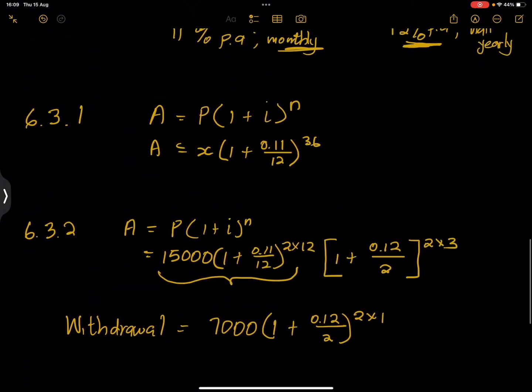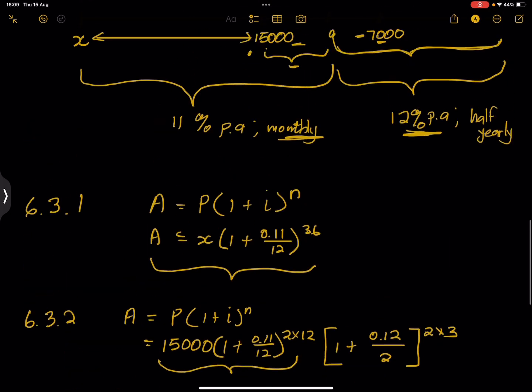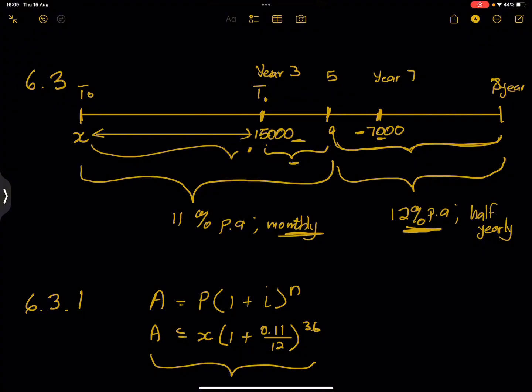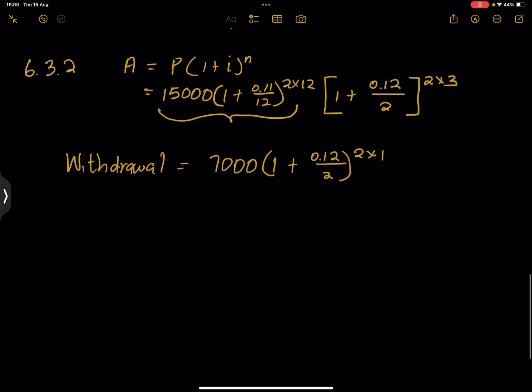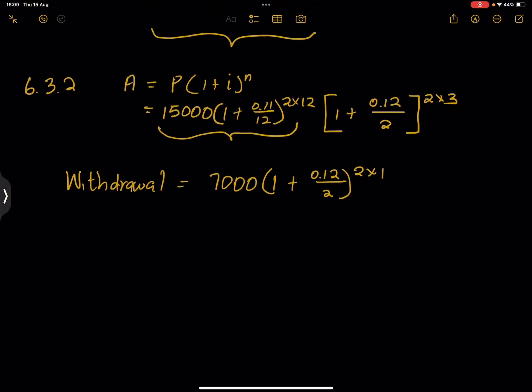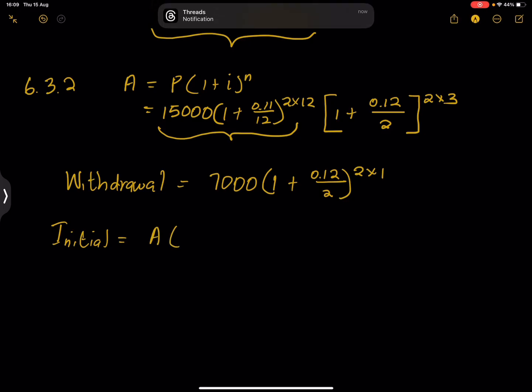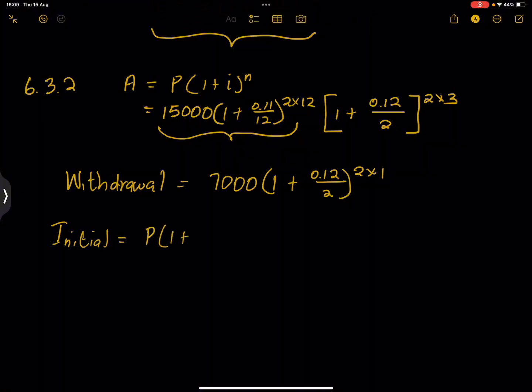But now I want us to also talk about this x value. Remember, we found out at year 3 how much we had, but we also need to pull that to 5 years, so that our initial deposit would be A equals P, 1 plus i exponent n.